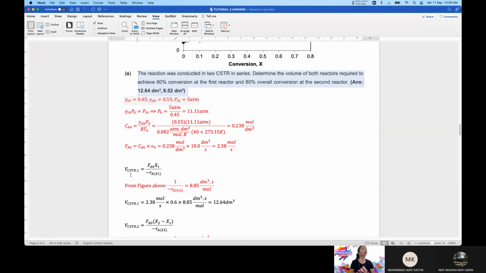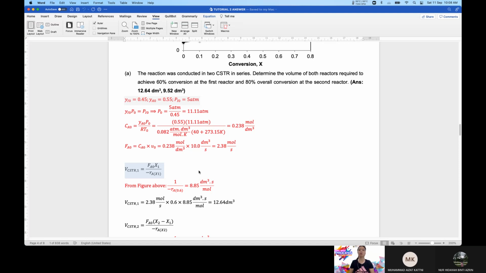Kalau kamu tak sure nak start pada mana, start dulu daripada equation yang kita tahu kita perlu guna untuk cari volume dia. So for the first CSTR, volume dia V_CSTR1 equals FA0 X1 per minus RA at X1. Naturally yang belah kanan ni semua kita kena tahu. X1 kita dah tahu sebab dalam reaktor pertama dia kata nak capai 0.6 conversion, right? 60%.